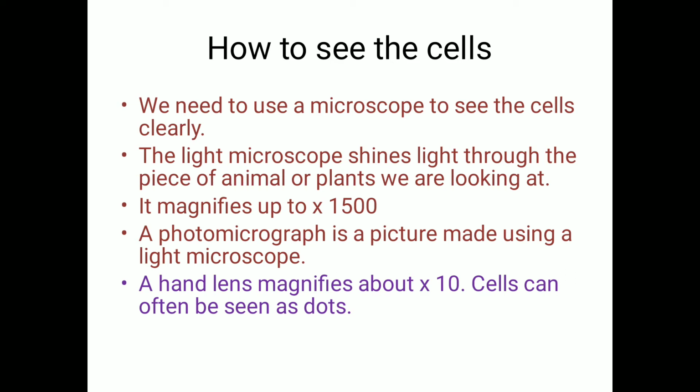I mean, anything that you see using a light microscope, if you take a picture of that, is called a photomicrograph. Sometimes we can also see some objects with the help of a hand lens. A hand lens magnifies 10 times, and with a hand lens, cells can often be seen as dots.